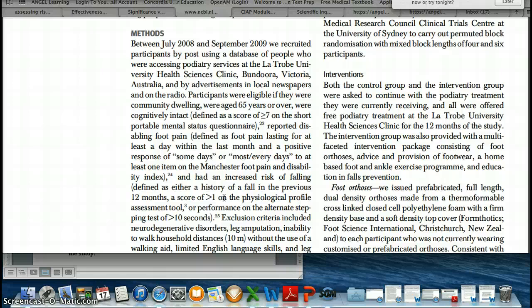Alright, so maintenance. The next thing we're going to look at is maintenance. What do I mean by maintenance? Well, basically, was the comparable status of the study groups maintained through equal treatment and adequate follow-up?